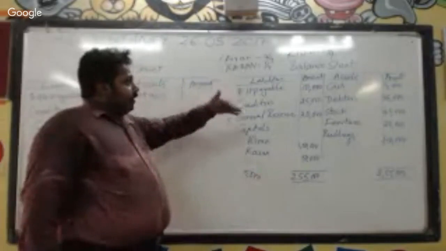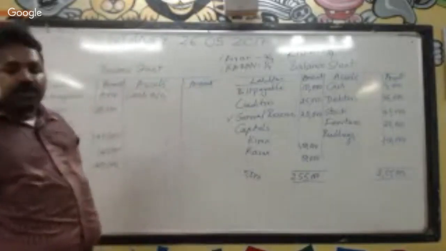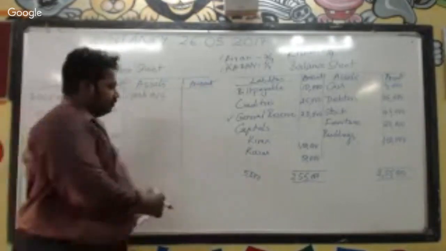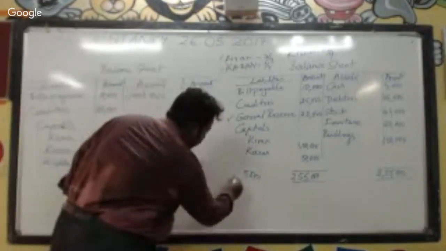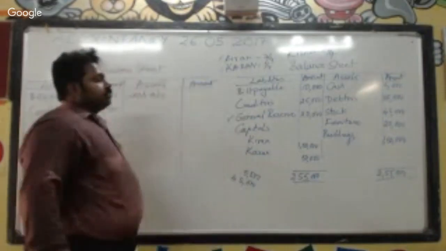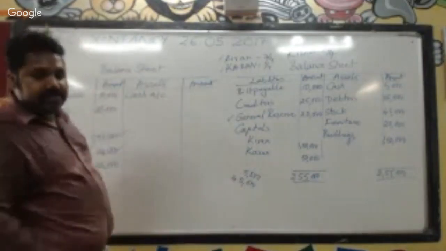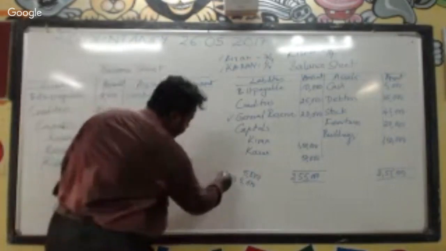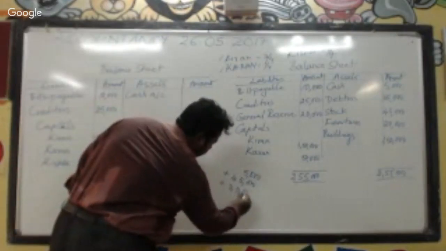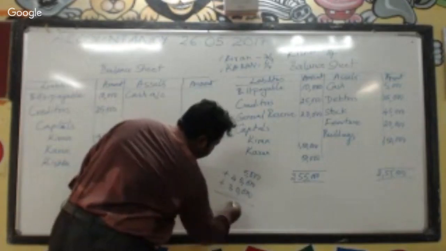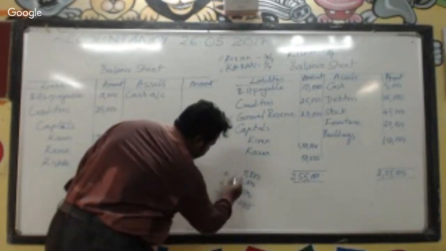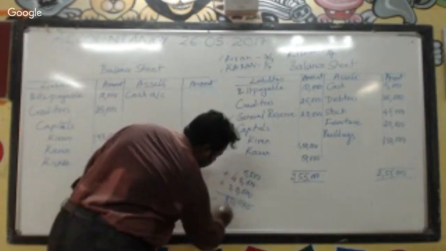Next, when Kishore has entered into the business, what did he bring? First, he brought a capital of 45,000, that is in the form of cash. And he brought 30,000 as goodwill. How much will it be? 80,000.